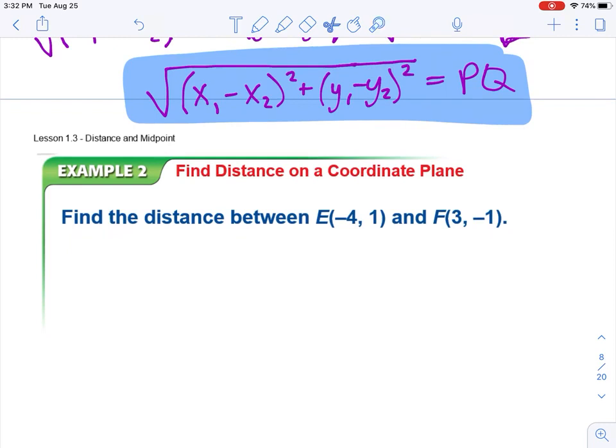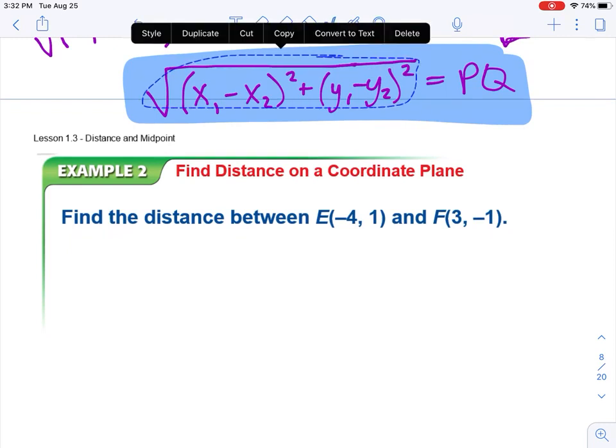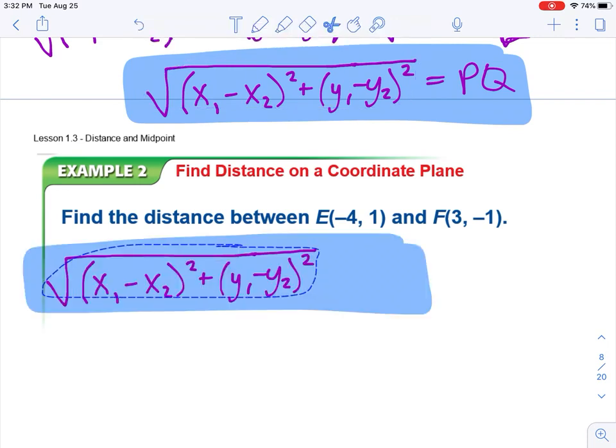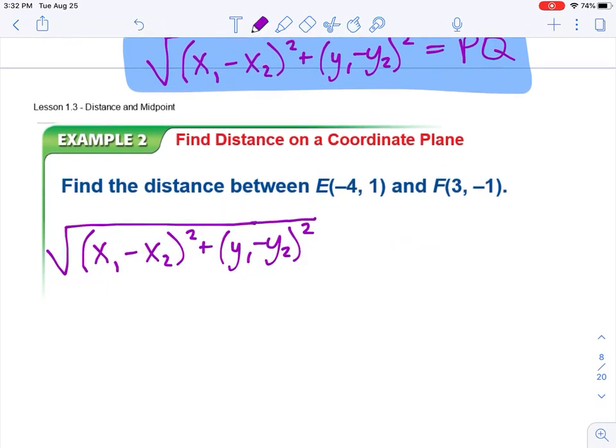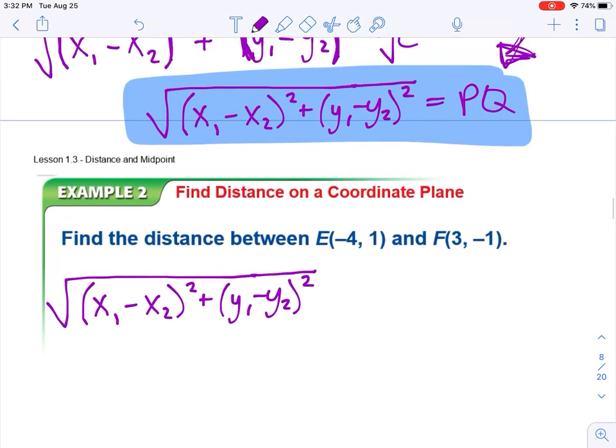I'm going to go ahead and copy this down here. Erase that guy. All right. So I like to, even in college, go ahead and mark out what my coordinates are so I don't get confused. So I'm going to call this x1, y1, x2, y2.